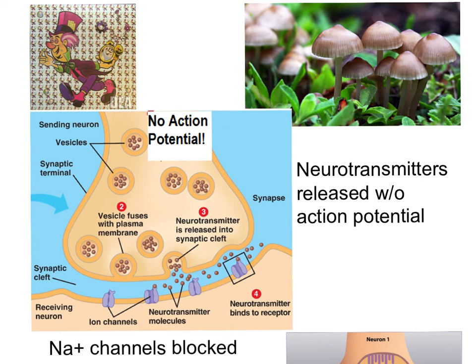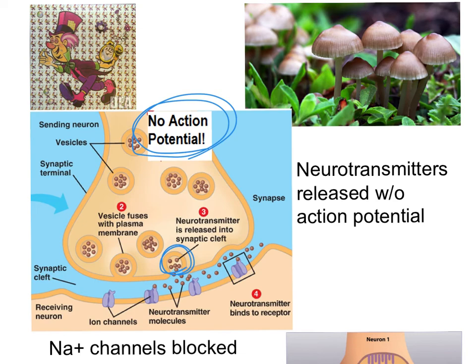And in that case, we don't have the gap being cleaned up, but rather there's no action potential being sent, yet the neurotransmitter is still being released. So again, with all of these examples, you want to figure out, is this going to prevent an action potential, or would this cause an action potential?